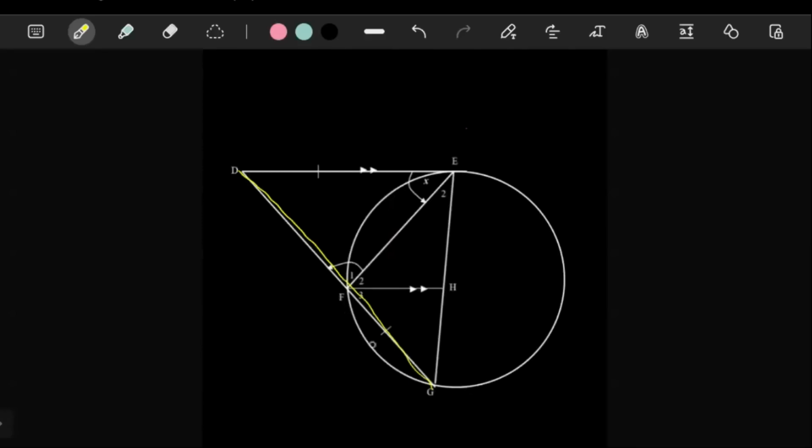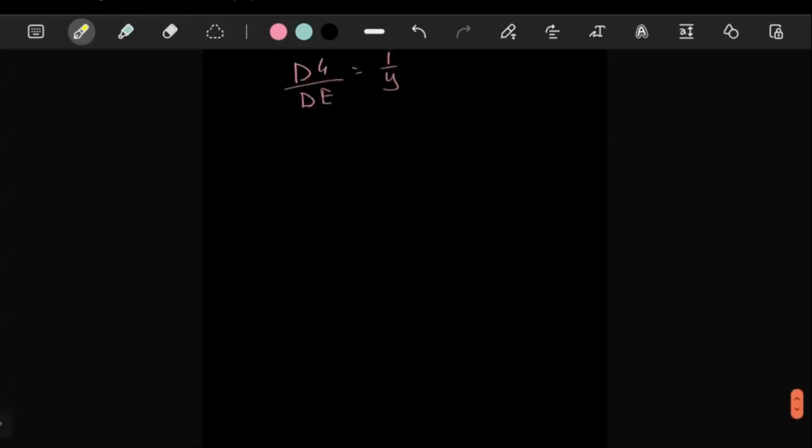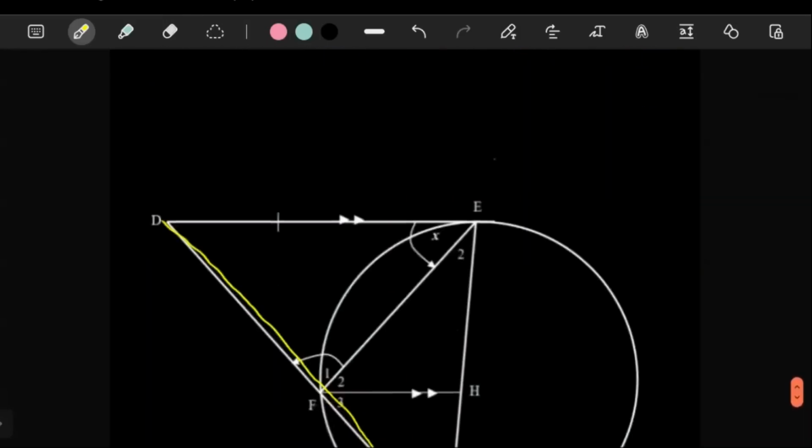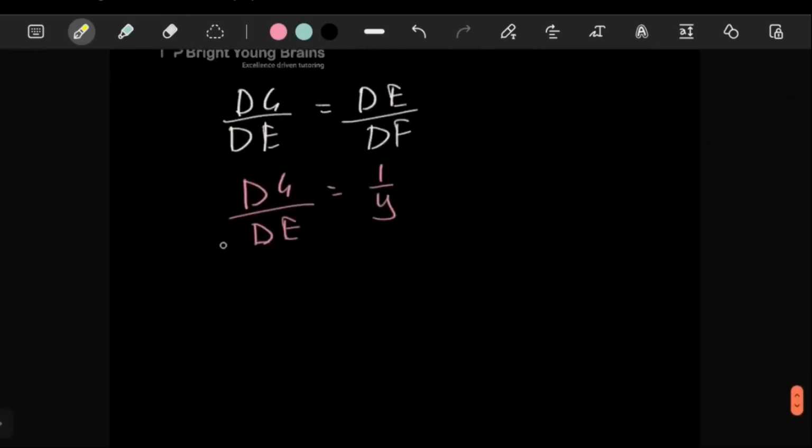I think if we have FG in the statement with DE, we may get somewhere. So let's see here. We can write the top part as DF plus FG, the whole thing over DE.